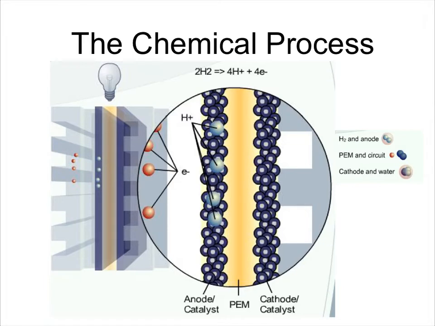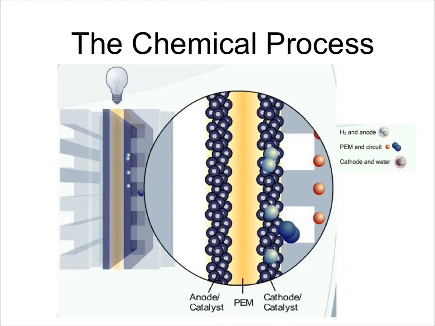The negatively charged electrons must flow around the membrane through an external circuit. This flow of electrons is what forms our electrical current. And as you can see here, at the cathode, the negatively charged electrons and positively charged hydrogen ions, which are our protons, combine with oxygen to form water, H2O, and heat.